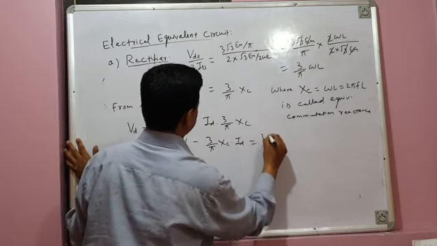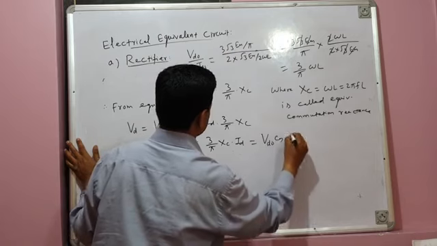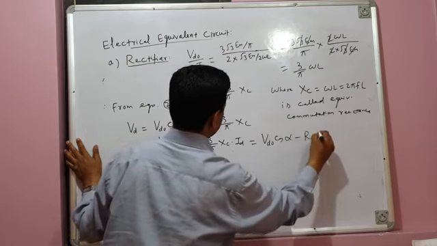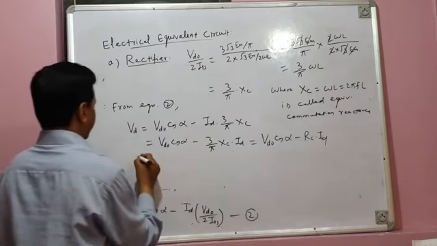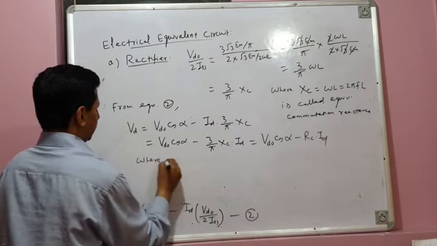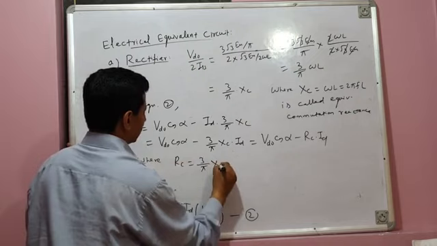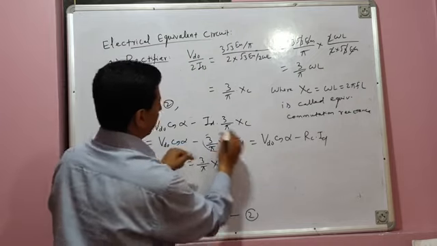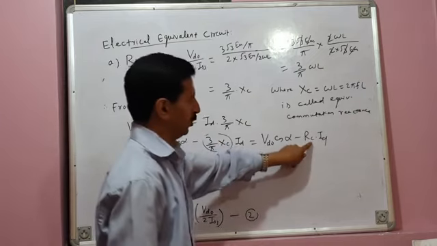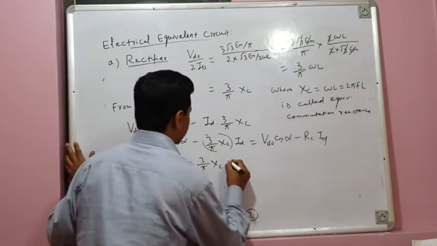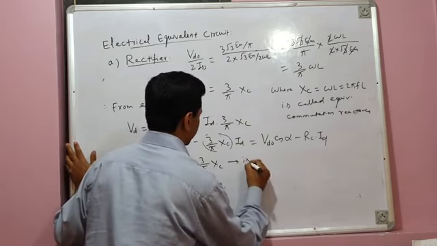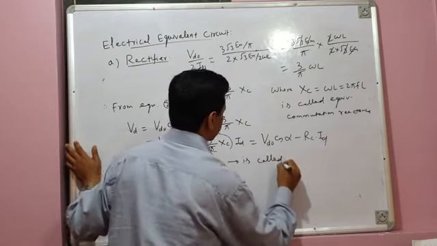And this can be further written as Vd naught cos alpha minus Rc into Id, where Rc is equal to 3 by pi into Xc. This 3 by pi into Xc I have denoted by Rc, and this Rc is called equivalent commutation resistance.